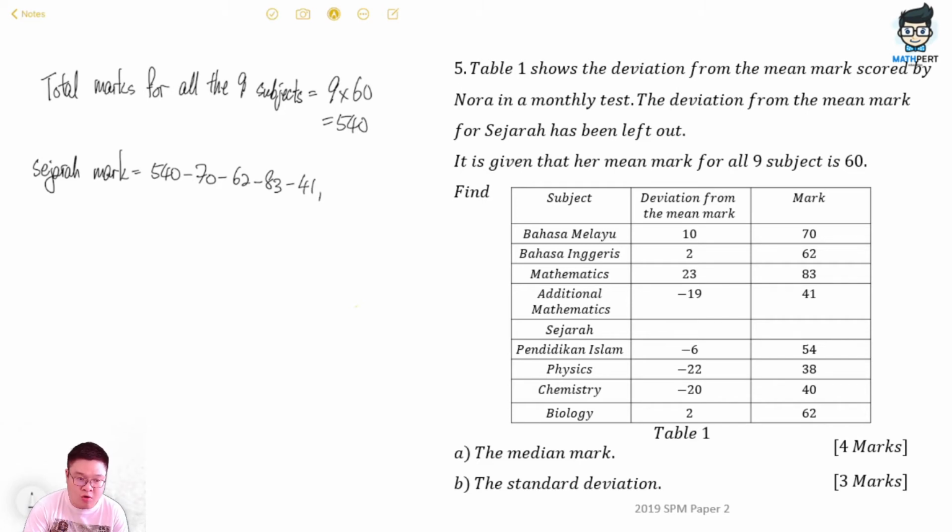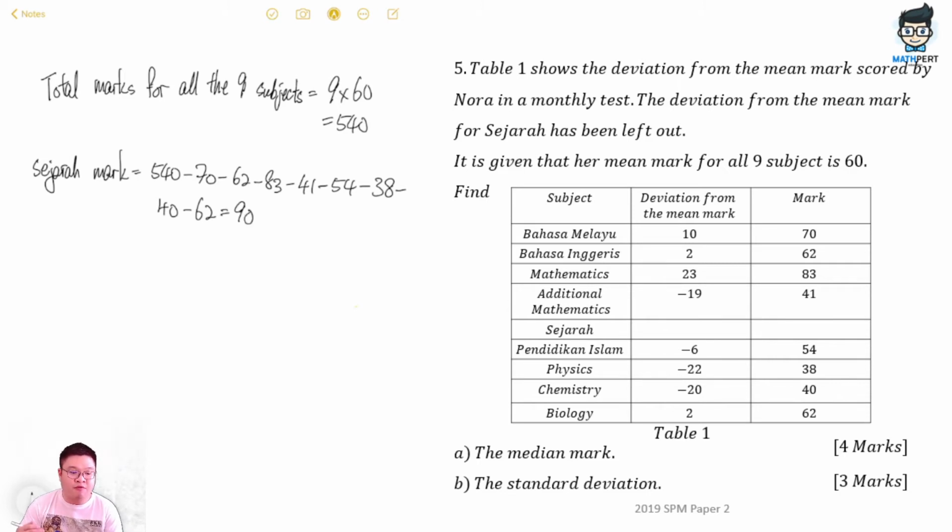Sejarah we do not know. Then Pendidikan Islam is 54, and Physics is 38. And then Chemistry is 40, and Biology is 62. After you subtract all of this, you get 90 for your Sejarah.